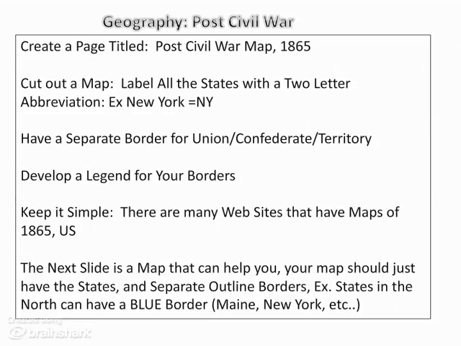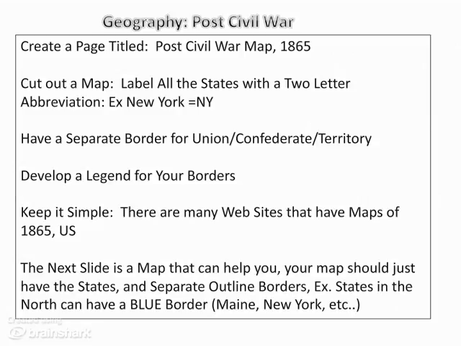Here's the trick. I want you to distinguish between Union states, Confederate states, and territories. Do this any way you want. I suggest you take 3 different colored pencils and draw a border. Feel free to look at some of the examples in my class.